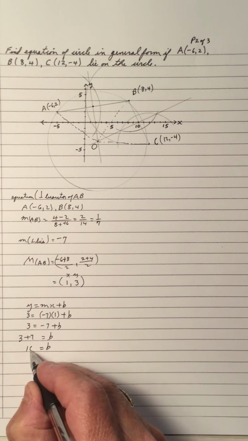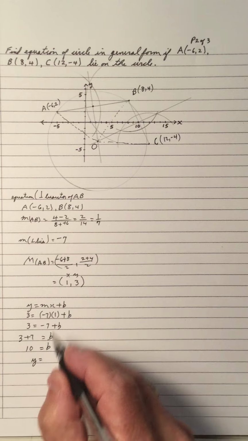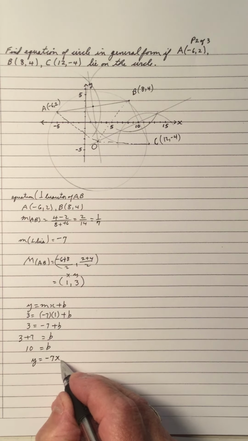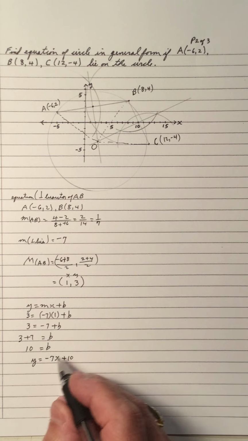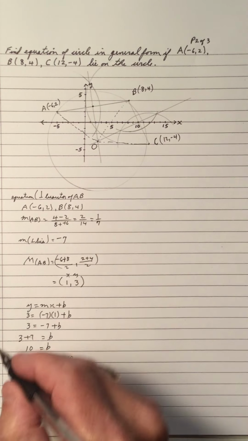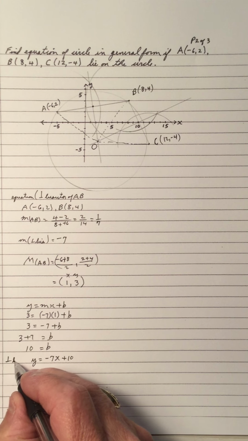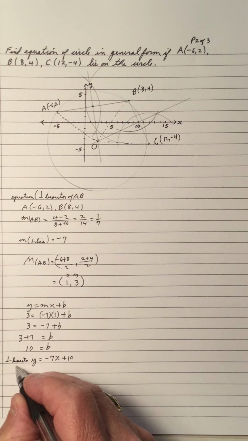So b is equal to 10. So the equation of the perpendicular bisector, the slope is negative 7 times x, and the y-intercept is 10. So that's the equation of this perpendicular bisector of AB.